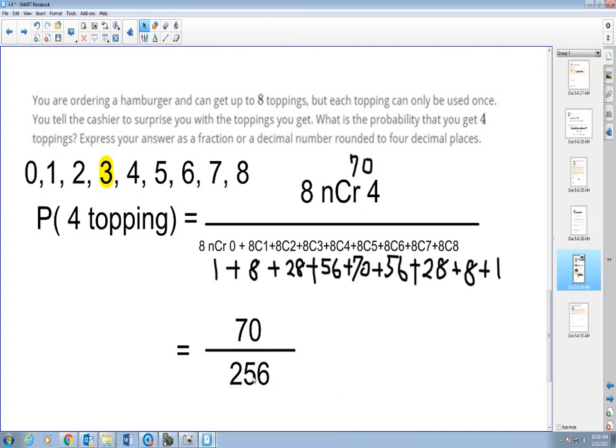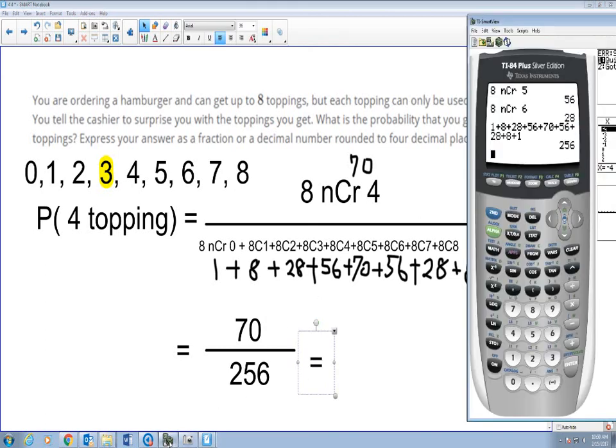So there are 70 ways to choose 4 of them out of 256 total possible outcomes. If I reduce my fraction, my probability is about 27.3%, 0.2734, or as a fraction, 35 out of 128.